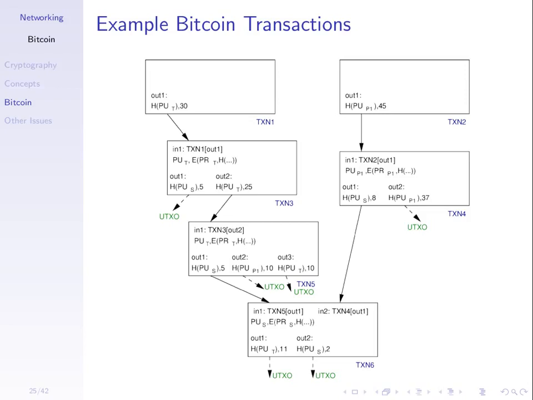If Tanarak wants to spend money, he must have that money. And in Bitcoin, the record of transactions refers to the previous transactions. So here we say the input for this transaction was transaction 1, because transaction 1 says that Tanarak has 30, so the input to transaction 3 refers to transaction 1.